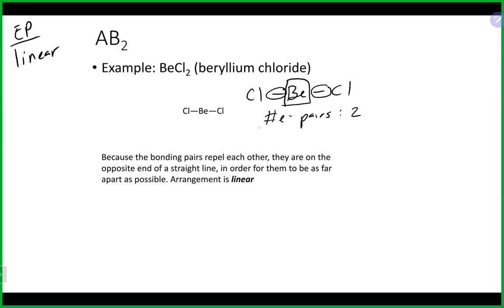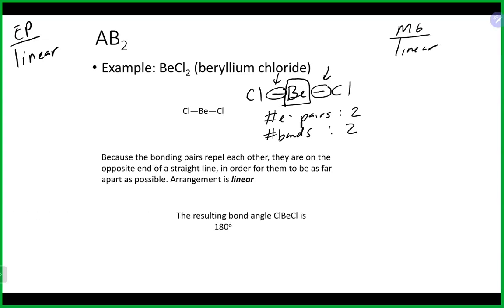Because they have bonds as well, the number of bonds in this case is also 2. So something with 2 electron pairs and 2 bonds will have a molecular geometry or shape, also known as linear. It will have a bond angle of 180 degrees.